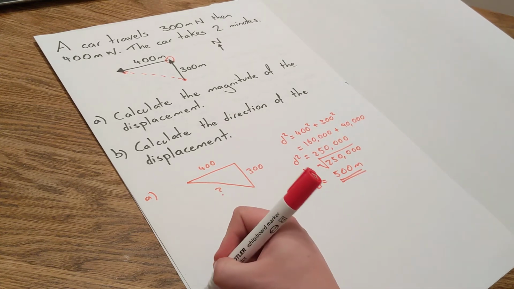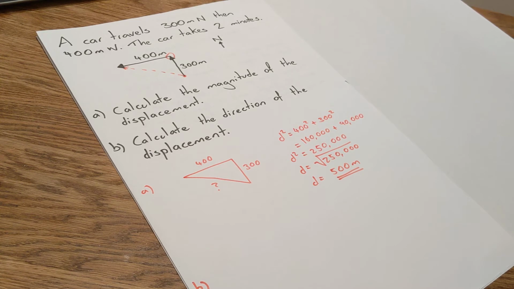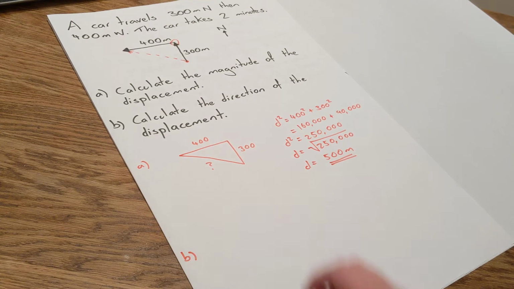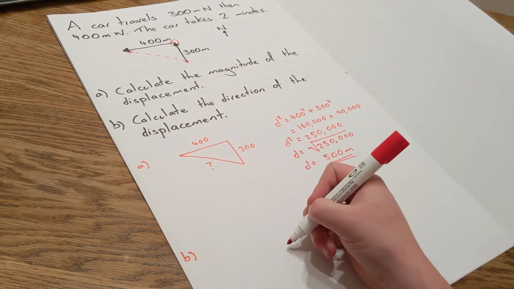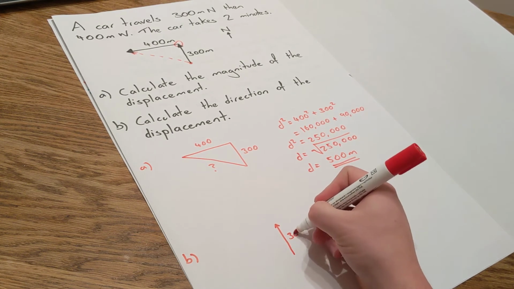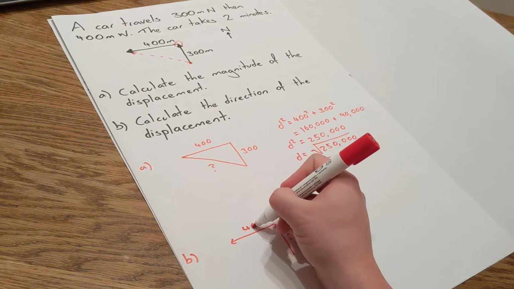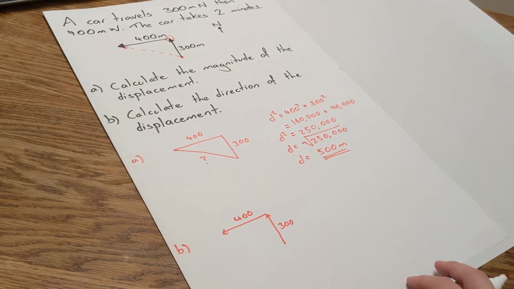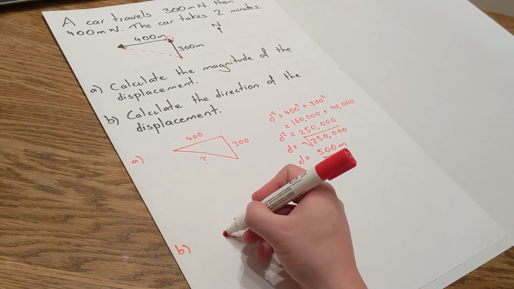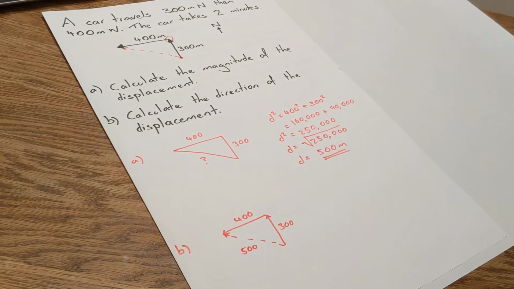So let's look at this. Part B, calculate the direction of the displacement. So we're going to use the same little setup we had before. We've got this far that we've travelled here, 300. We know then we went this way, 400. And we know that the displacement was this one here, and we know that is 500.